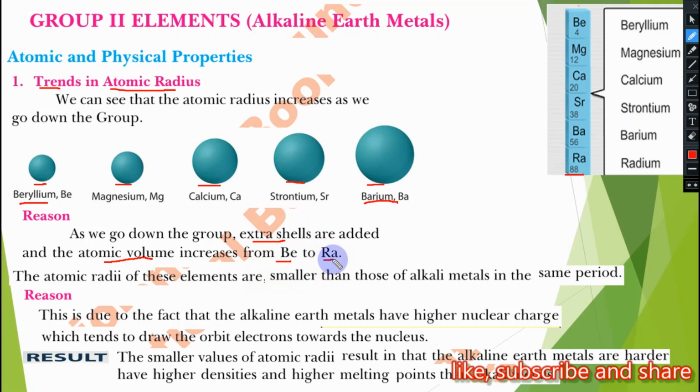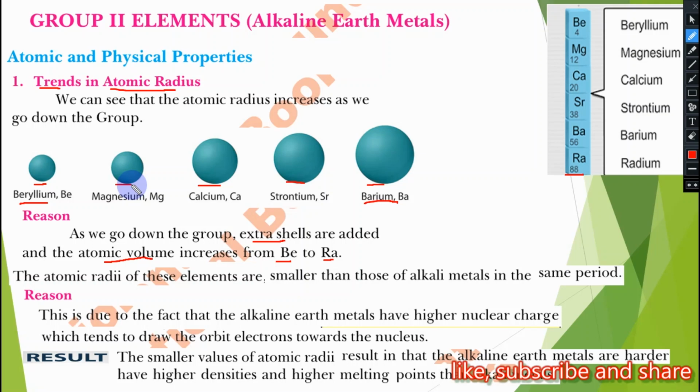It means that as we move down the group, new shells are added in each period. For example, the electronic configuration of beryllium is 1s2 2s2. The second shell is its outermost shell, while the electronic configuration of magnesium is 1s2, 2s2, 2p6, 3s2.